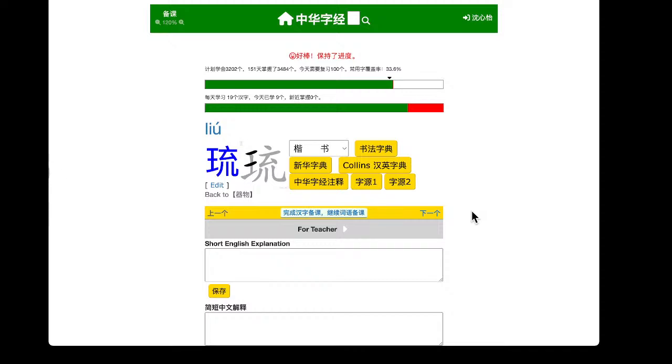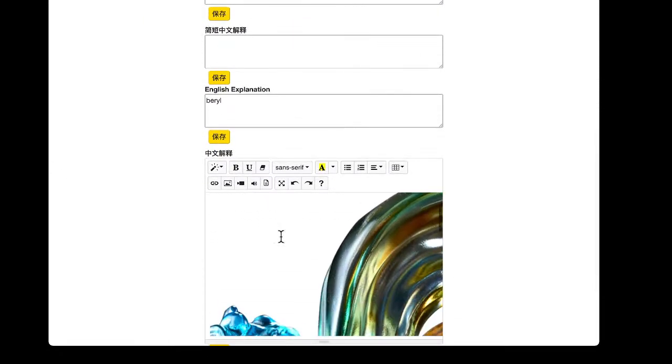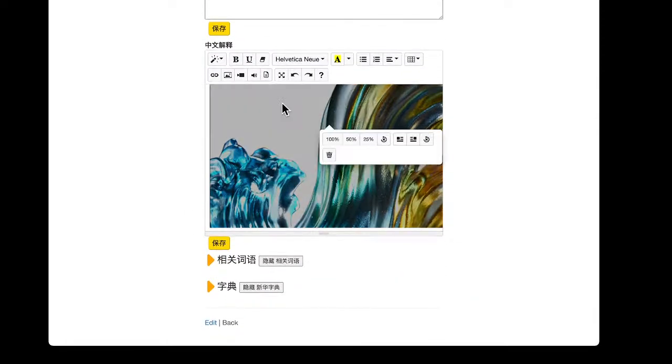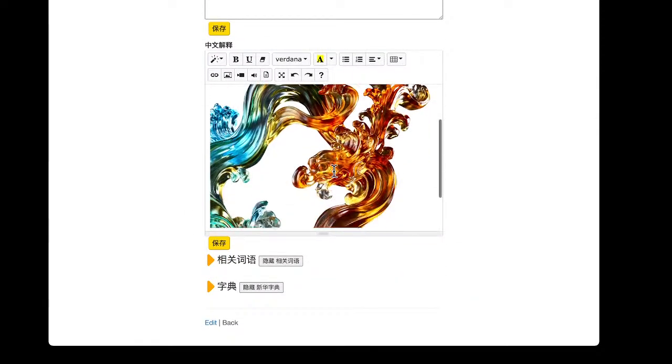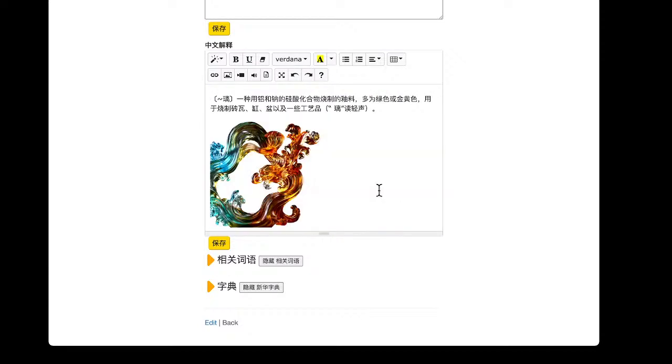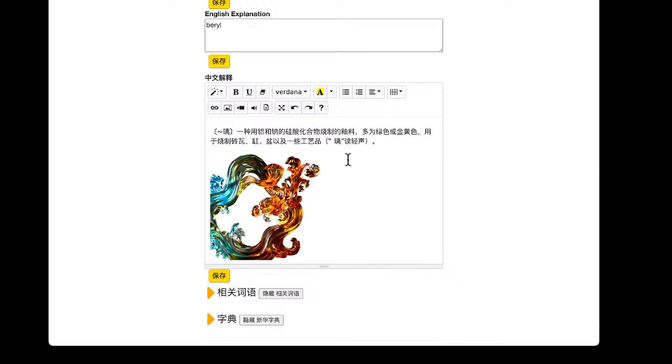Next one. Liu. Now Liu, this one means Liu Li. Okay. Wow, this thing is, okay. See, Liu Li. Liu Li, it's also an aluminum and sodium compound.